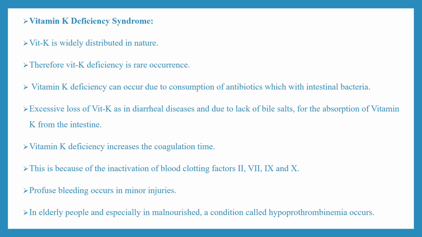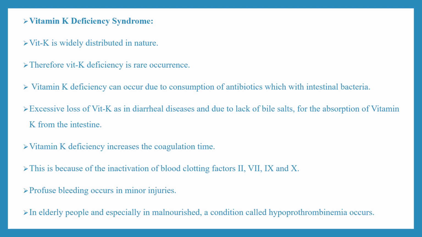Deficiencies of this vitamin K. It is widely distributed in nature. This vitamin K deficiency is very rare. The deficiency can occur due to the consumption of antibiotics, which wash out all the intestinal bacteria. Because of this, vitamin K deficiency will occur.